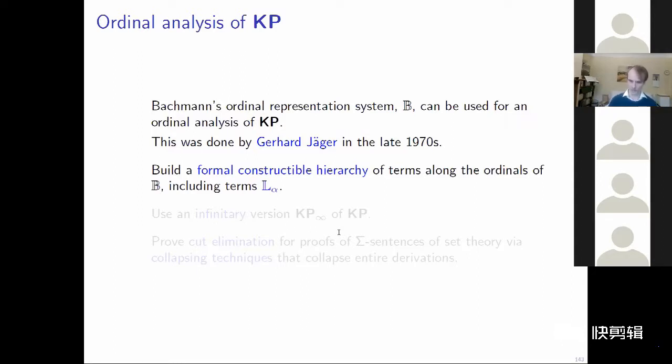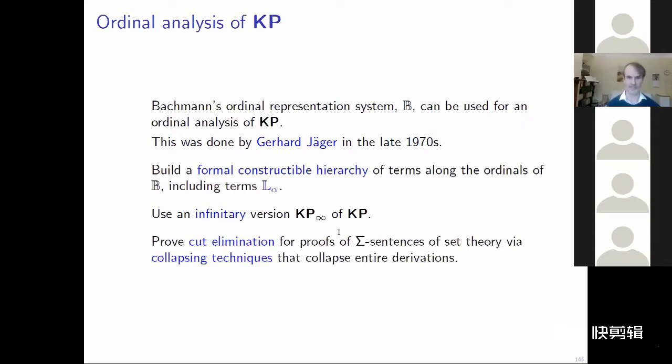And then you switch to an infinitary version of Kripke-Platek, where the infinite inferences refer to these terms. So you have rules with infinitely many premises. And then in this system, KP infinity, you can prove cut elimination, not for all formulas, but for sufficiently many.